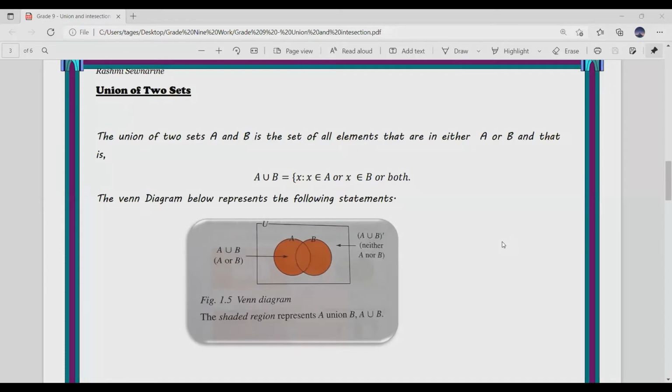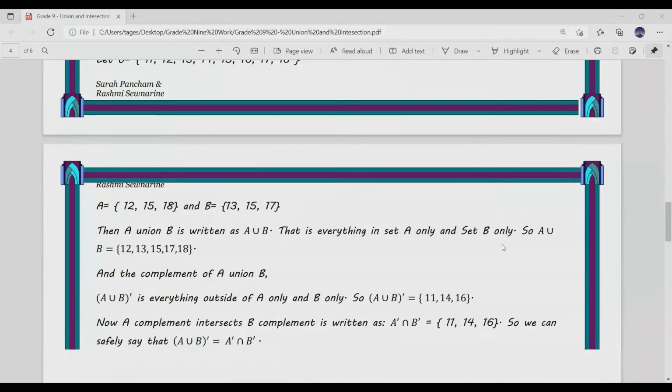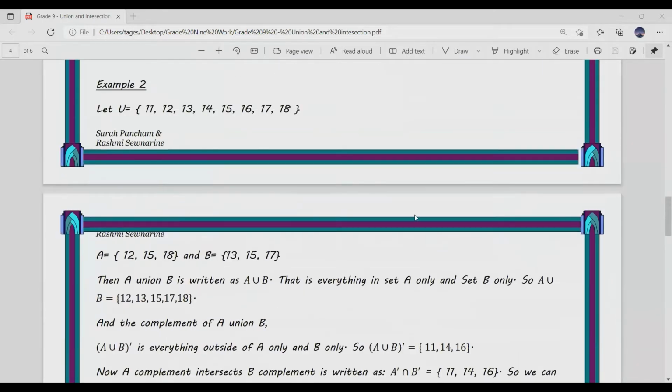Now we have an example. All right, let's look at the example. Let U equal 11 to 18, the same example that we did before. A equals 12, 15, 18, B is 13, 15, 17, and A union B, we established how that is written.